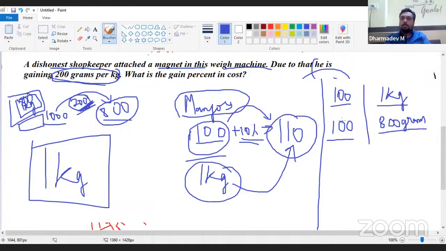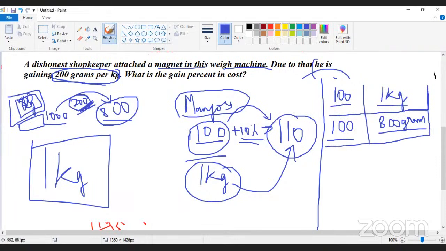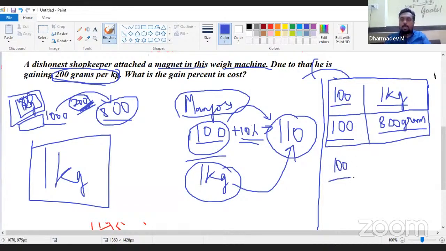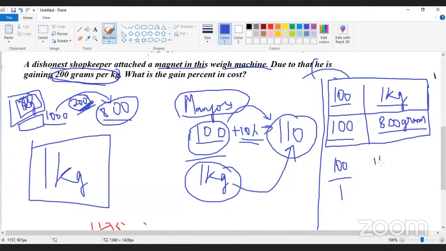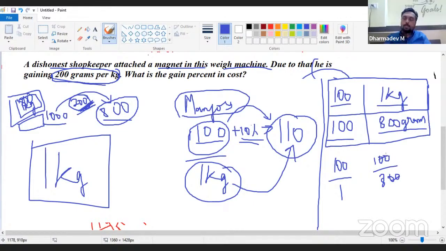So is he making a profit or loss? Profit. So how many percentage of profit? 20%. Before it was 100 rupees for 1 kg. Now it is 100 rupees for 800 grams.